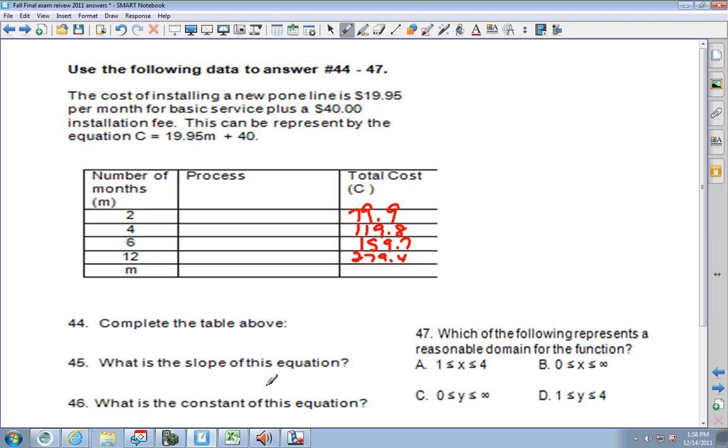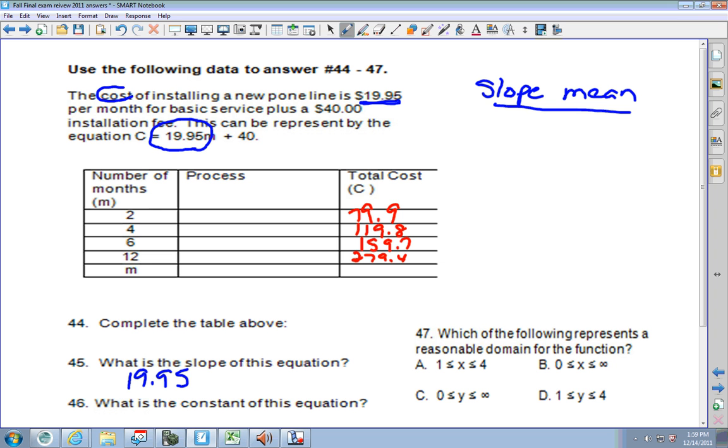Okay, now it says, what is the slope of the equation? Well, which one of these numbers up here is the slope? It's the one with the variable. It's 19.95. Now, what does the slope mean? We look for 19.95 in here, and it says per month.